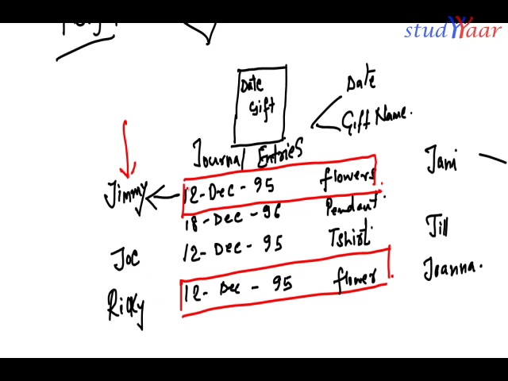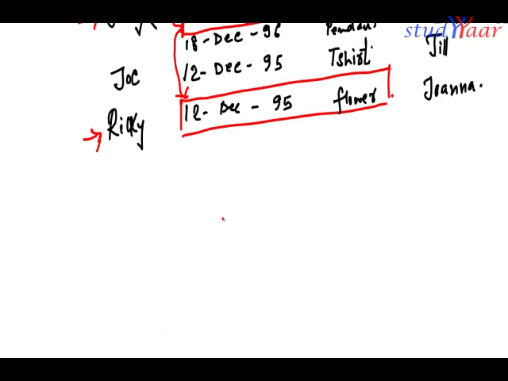Although we were not able to distinguish between these two, if we include the name, then we are able to distinguish it. The one was given by Jimmy and the other was given by Ricky.